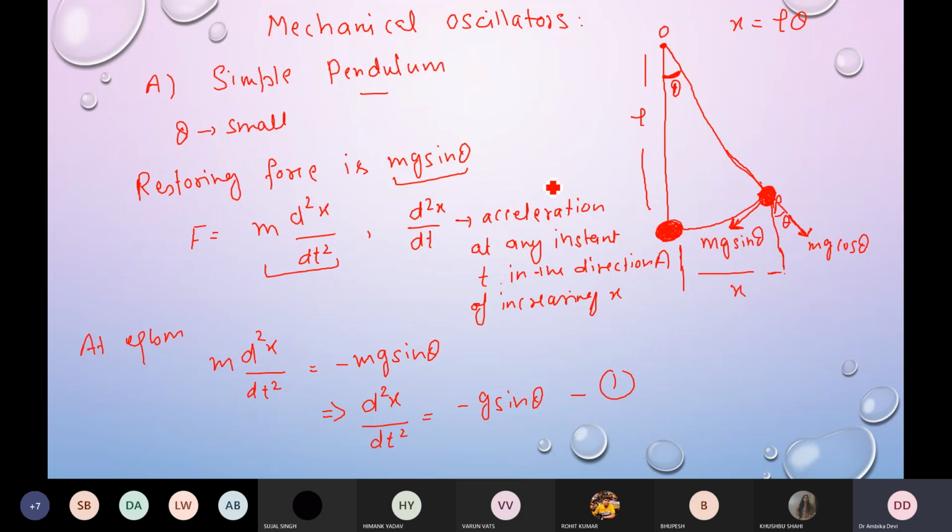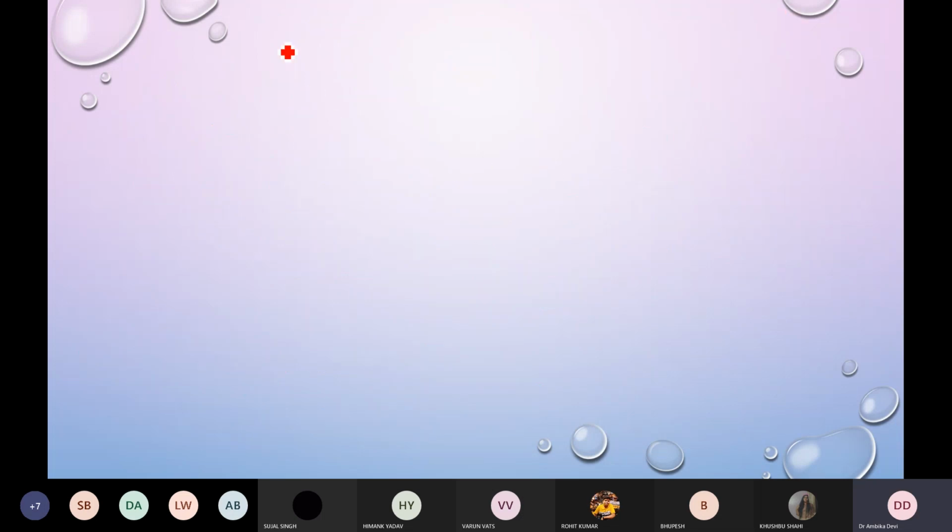So x is equal to L theta, and we can use this relation. If you take x is equal to L theta and differentiate on both sides, this comes out to be d2x upon dt square is equal to L, which is constant, the length of the string, times d2 theta upon dt square.